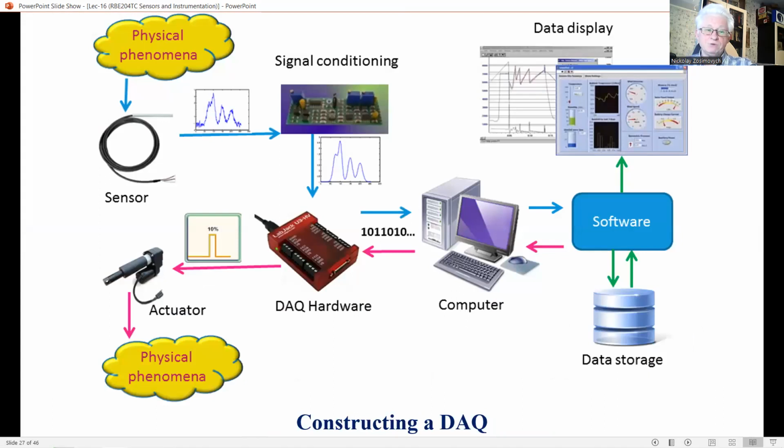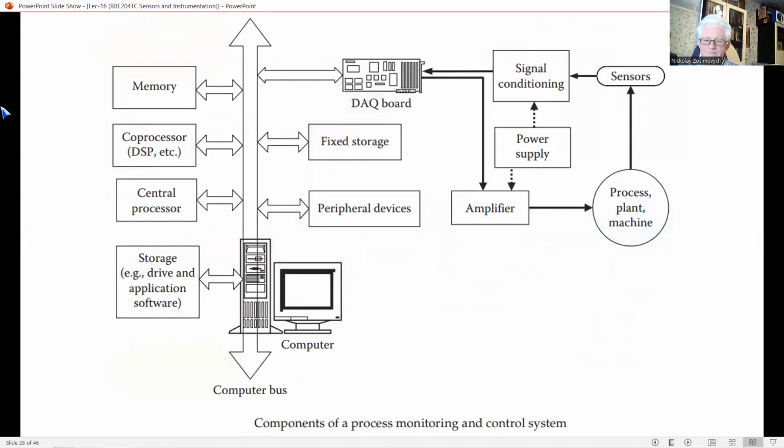Consider the process monitoring and control system shown in this next figure. Typically, the measured variables, responses or outputs of a physical system, are available in the analog form, which are signals that are continuous in time.